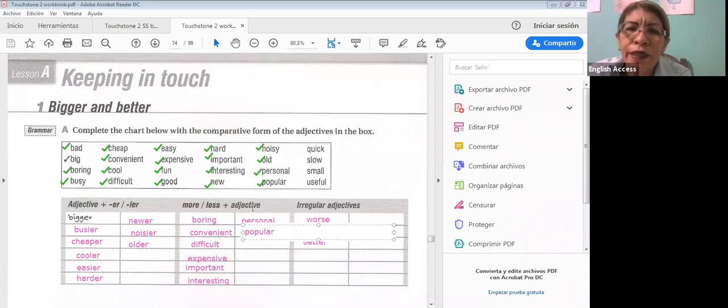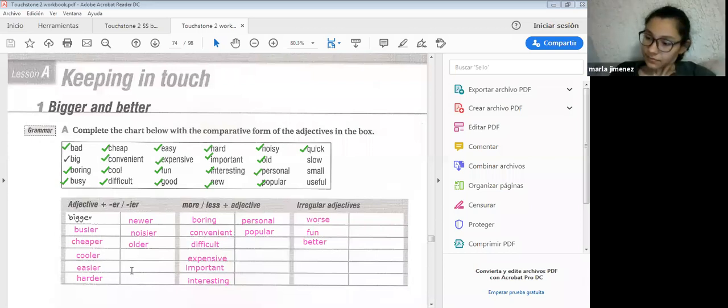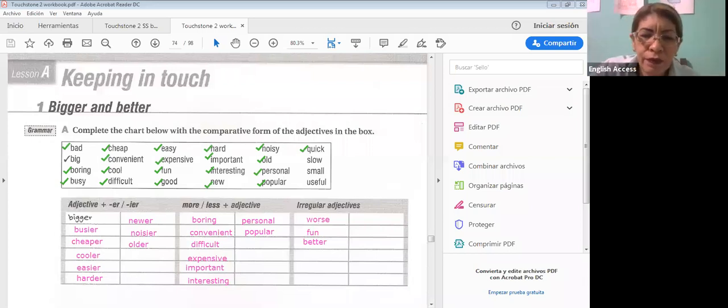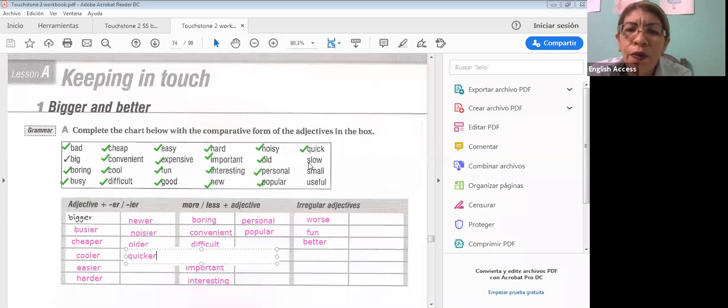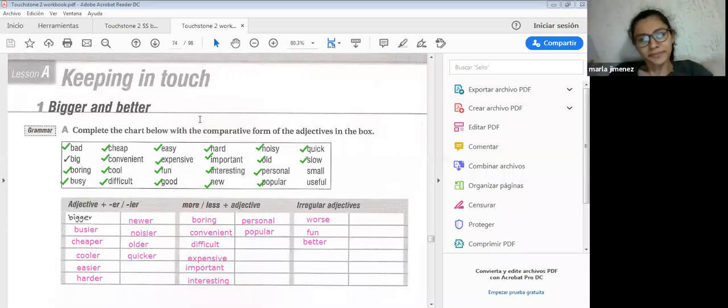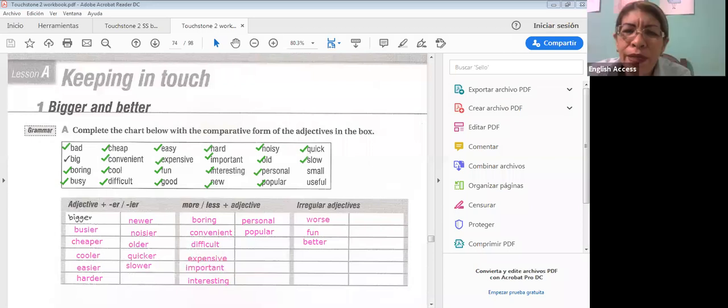Correct. Okay, quick, quicker. Quicker. Okay, slow. Slower. Then we have small.